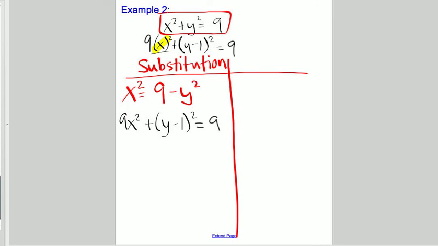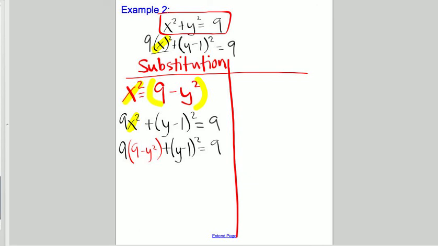And the only way to do that is to substitute it out. So I'm taking out this x squared, and I'm replacing it with what it's equal to, this entire quantity. So with parentheses and all, I'm going to leave the 9 alone, but in parentheses, I'm going to put what x squared equals. And then everything else just gets copied down.